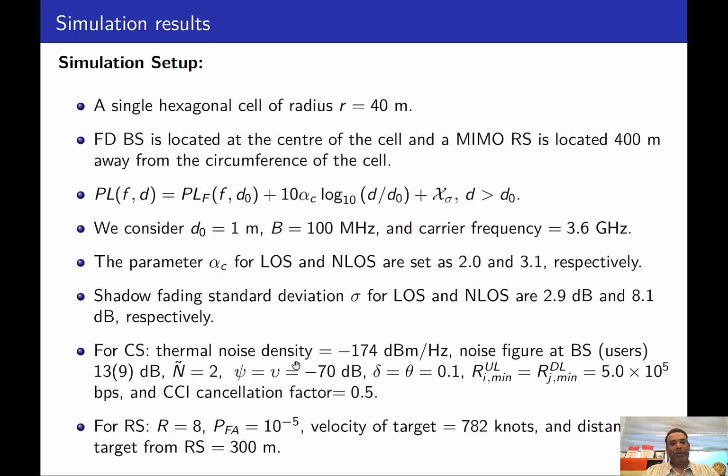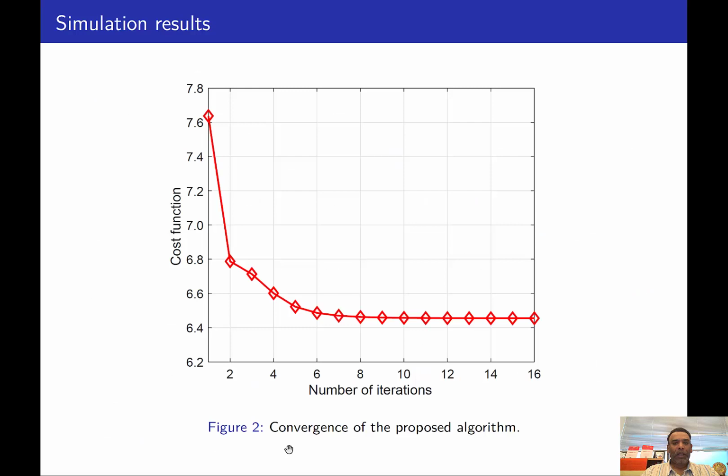For the cellular system, thermal noise density is minus 174 dBm per hertz, etc. We are considering transmitter and receiver hardware impairment as well, and the channel estimation uncertainty bound is 0.1. The number of radar antennas is 8 and the probability of false alarm is 10 to the power minus 5. The velocity of the target is 782 knots and the distance of the target from the radar system is 900 meters.